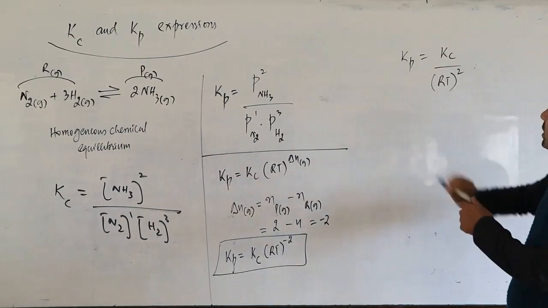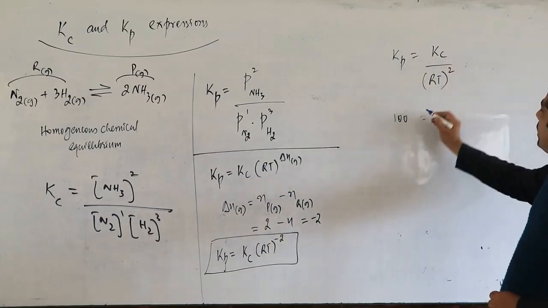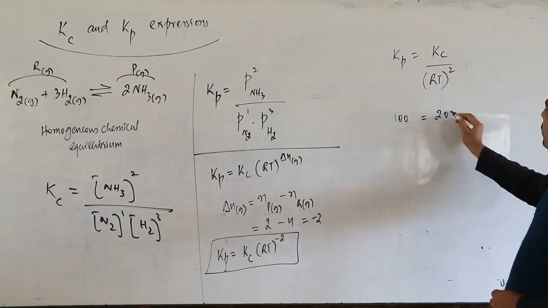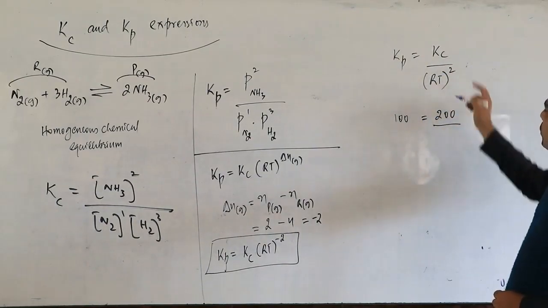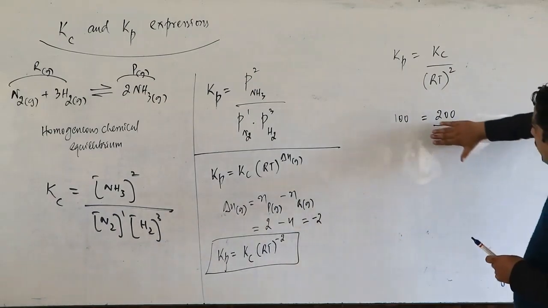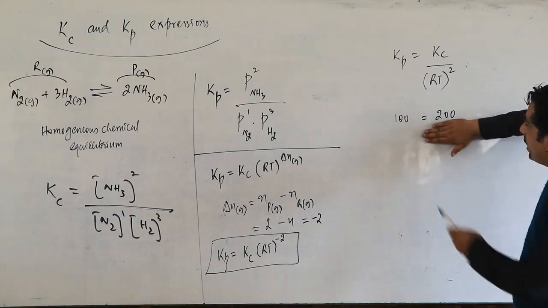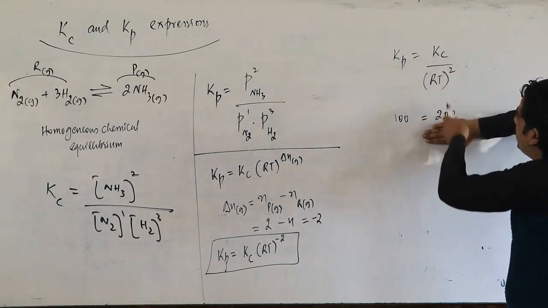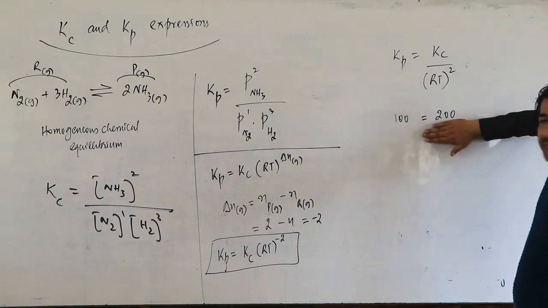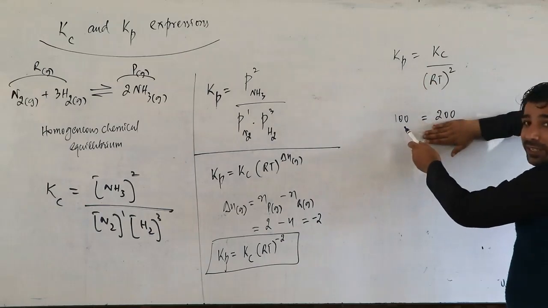Let us suppose Kp is 100 and Kc is, let us suppose, 200. Then this RT raised to power 2 should be 2. Now if I make this term invisible, who is greater, Kp or Kc? Kc is greater: Kc is 200 and Kp is 100.